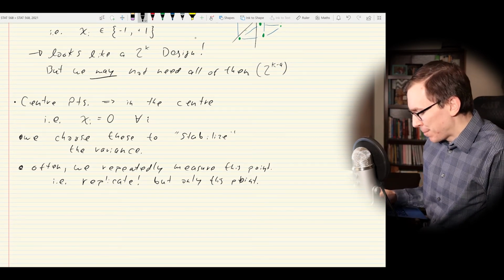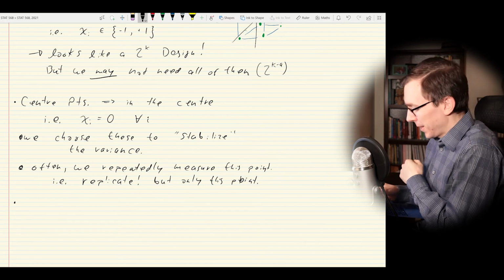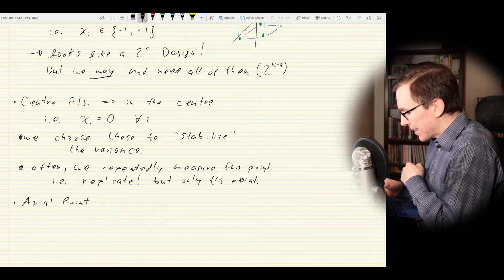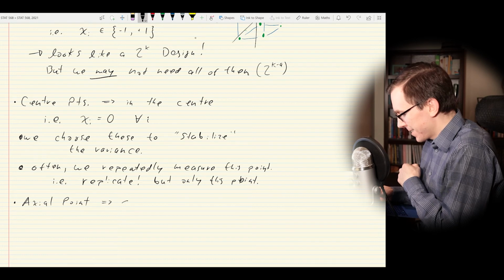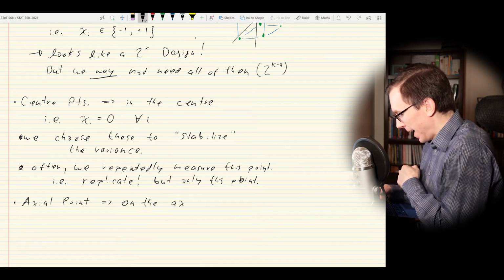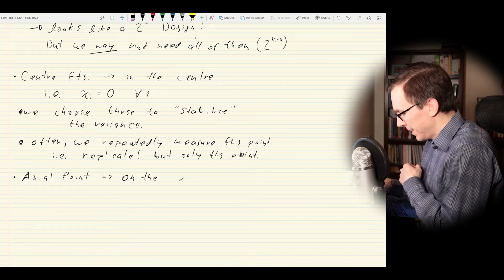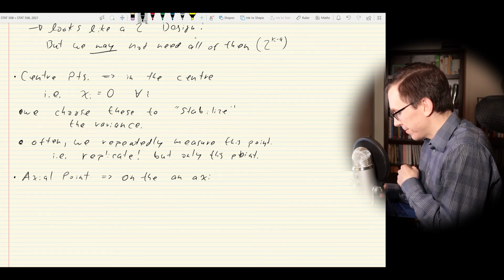The last type of point we're going to have is the axial point. All right, so as I mentioned, the last point we're going to have is the axial point. And the axial points are, well, points on an axis.